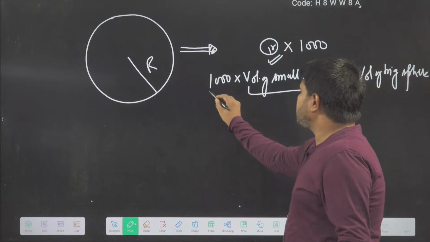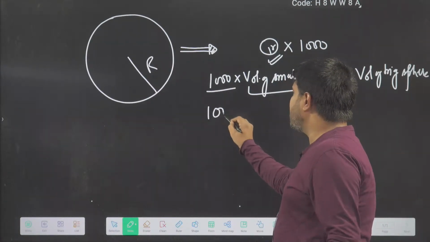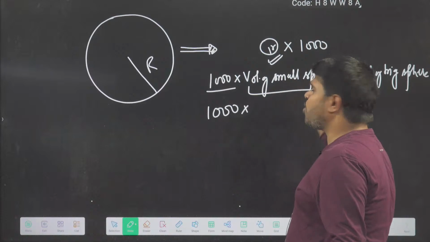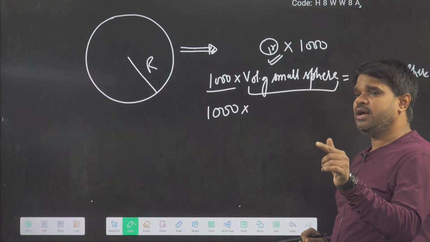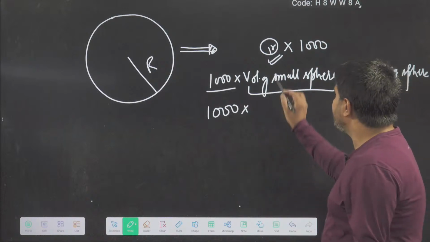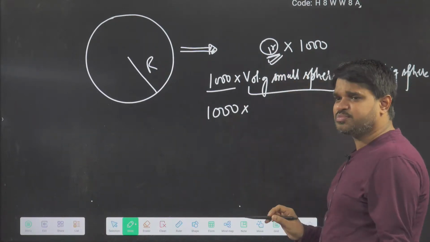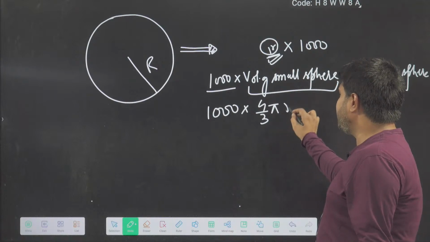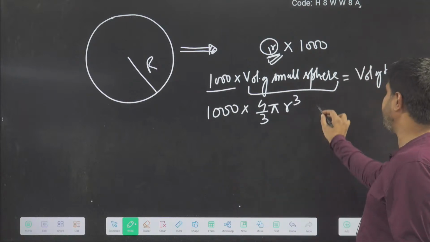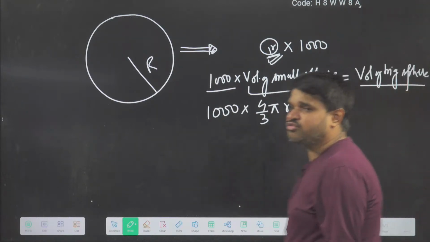Now after that we just have to do the calculation. So 1,000 as it is, and the volume of a sphere is given by 4 by 3 pi r cube. The radius of the small sphere is small r, so 4 by 3 pi small r cube equals the volume of the big sphere.